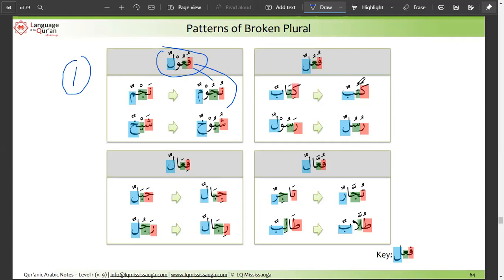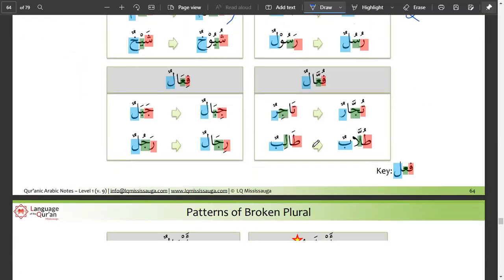Kitabun, kutubun. Kutubun is on the pattern of fu'ulun. You see here, fa is kaf, ta is ain, and ba is lam. Rasulun, rusulun. Ra is fa, sin is ain, and lam is lam. Rusulun. This is pattern number 2.